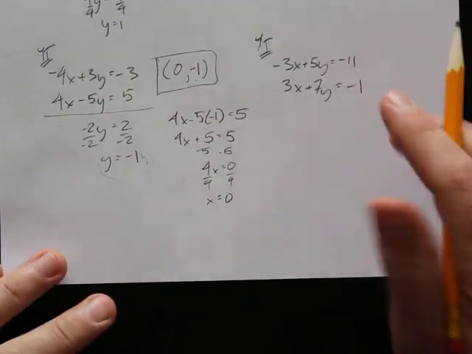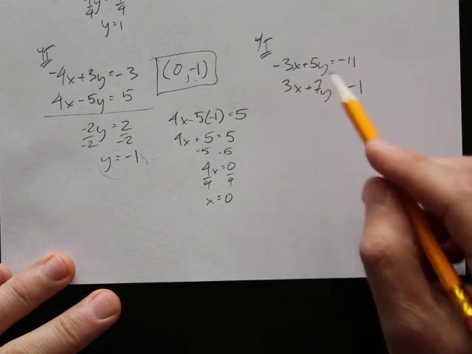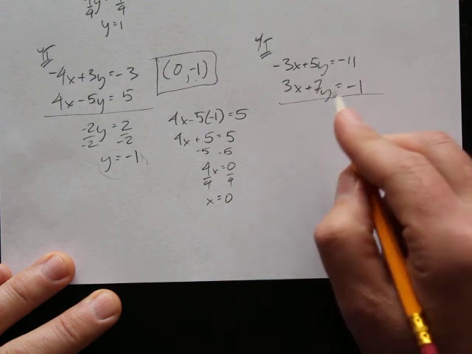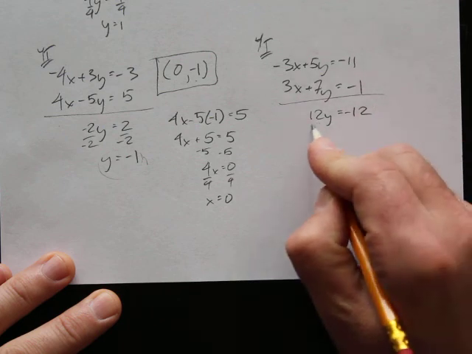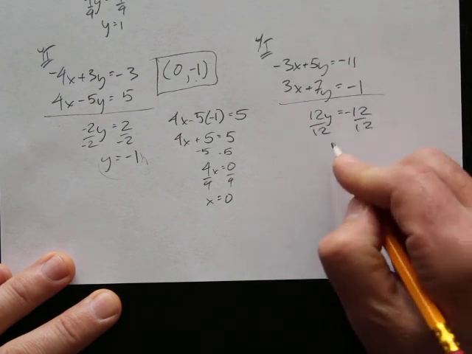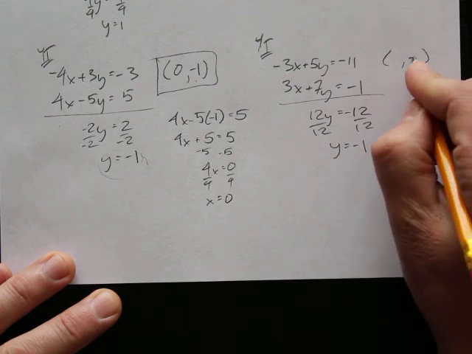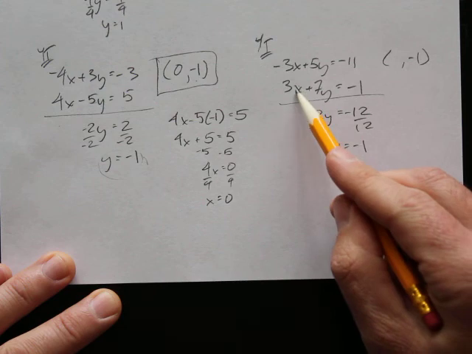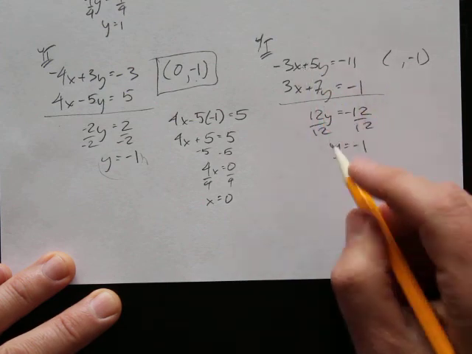All right, next one. It's very similar to the one we just did. Negative 3x, positive 3x, that gets me 0. And 5 plus 7 is 12 equals negative 12. Divide by 12. Y equals negative 1. Y equals negative 1 again. Let's see what x is now. Let's plug it into the top one.